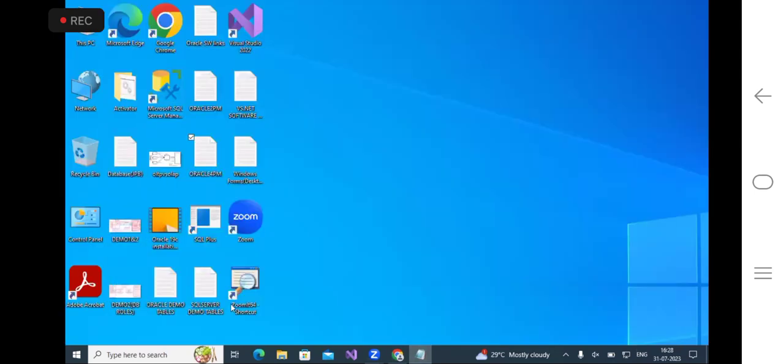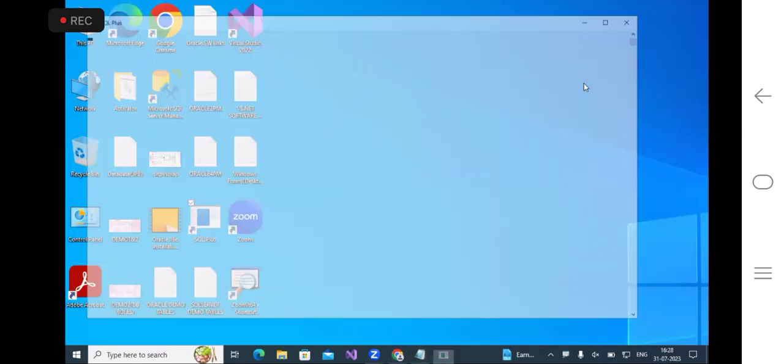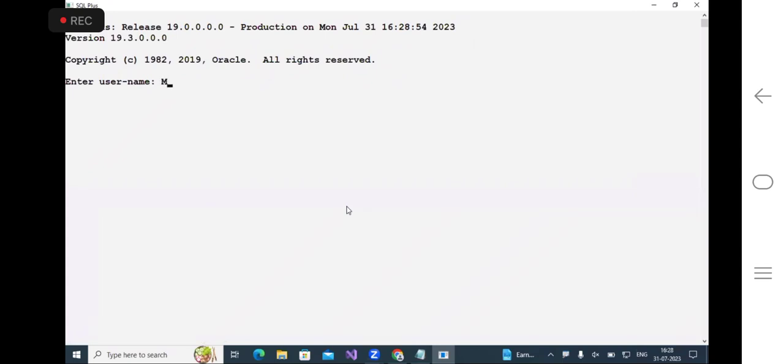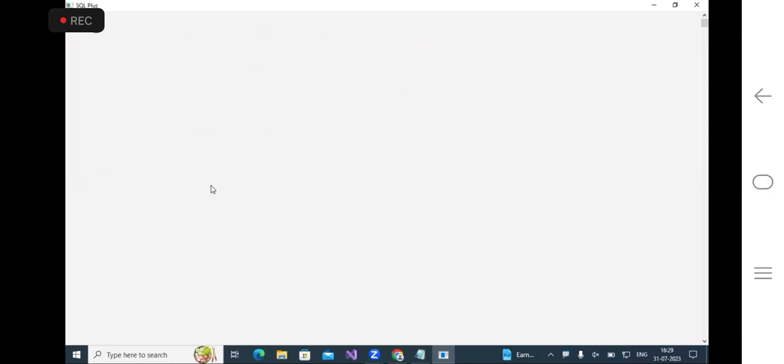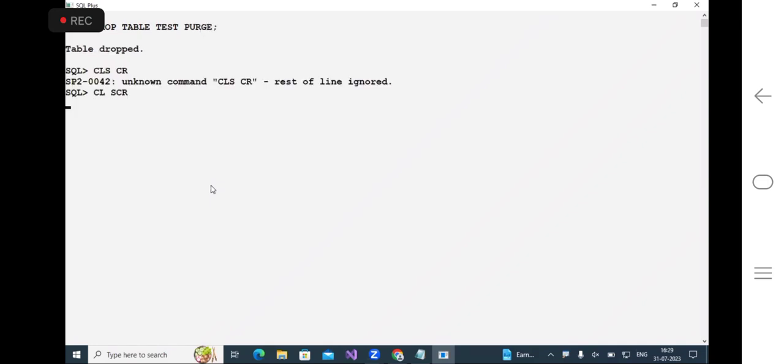So now come to your database. First, I am going to design a sample table.